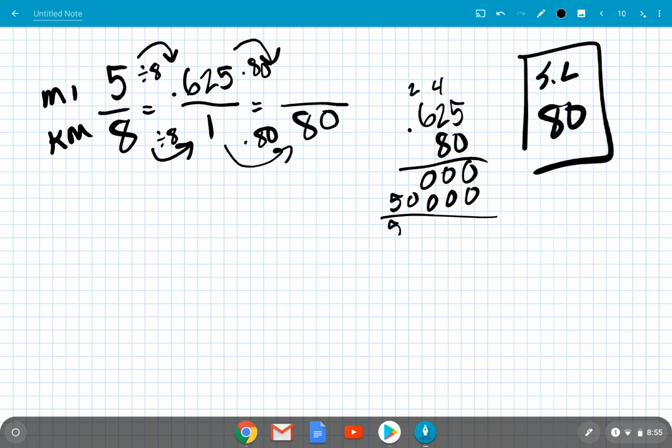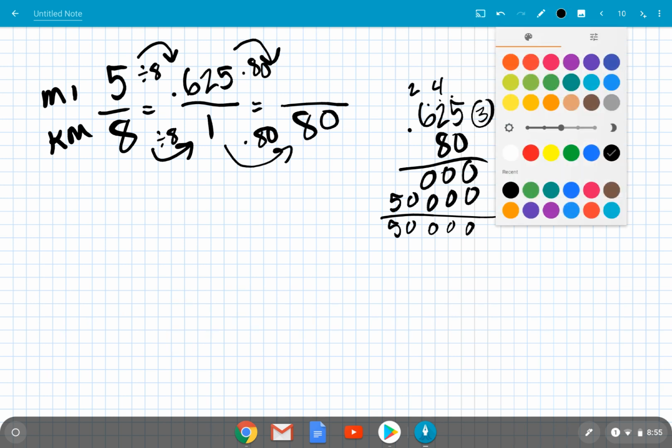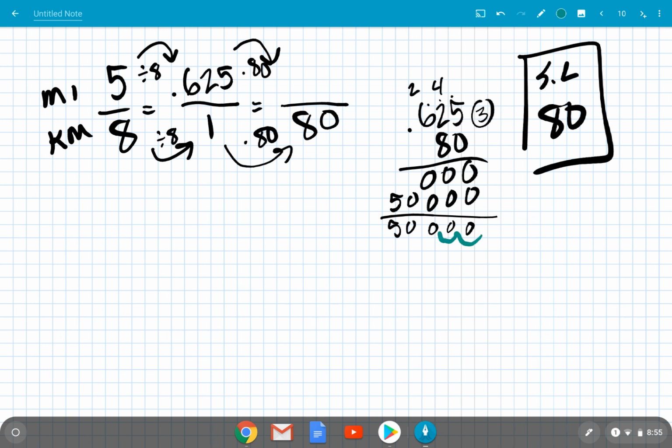So once I write all of my numbers down, I have to move this 3 places because I've got 1, 2, 3 places after the decimal point. So if I go 1, 2, 3 places, it moves there. So I know that my answer is 50.